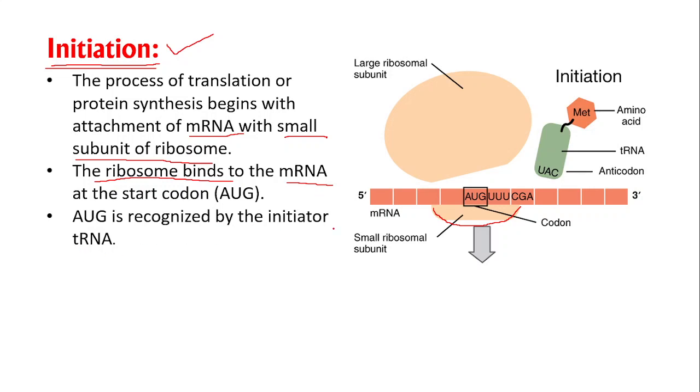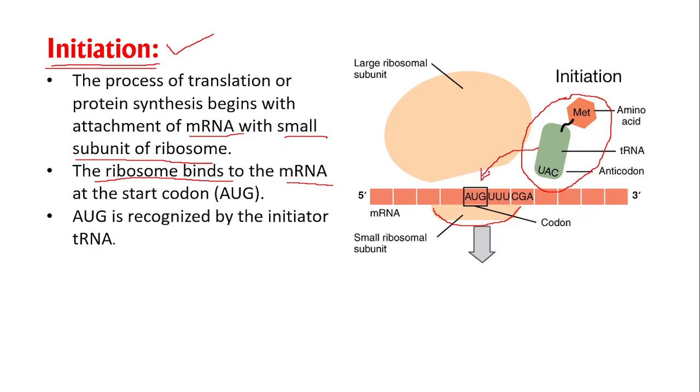Next, when the smaller subunit of the ribosome attaches to the region of the mRNA having the AUG codon, the charged tRNA molecule will come and bind here.